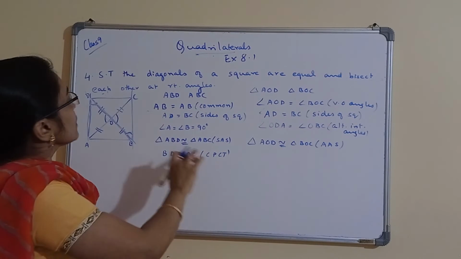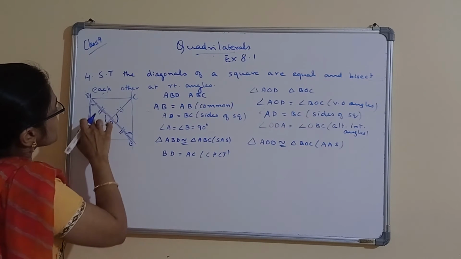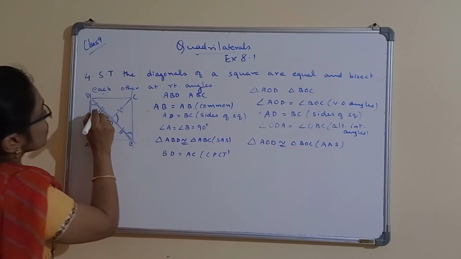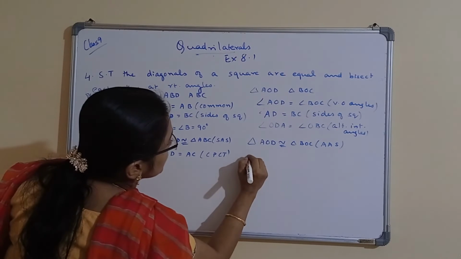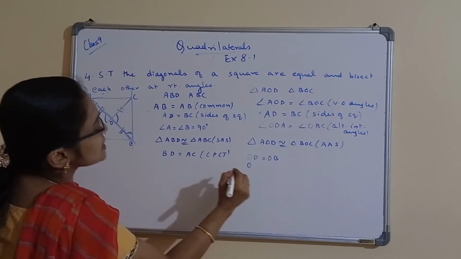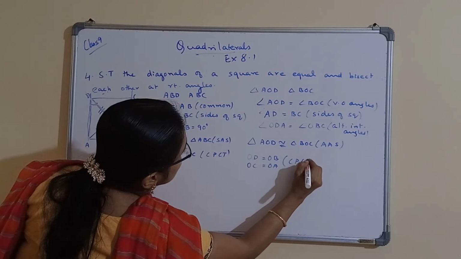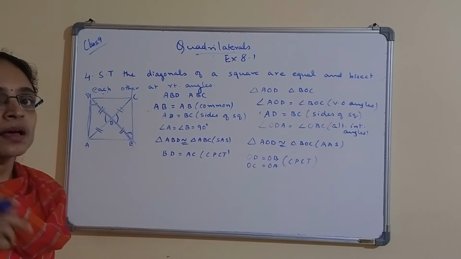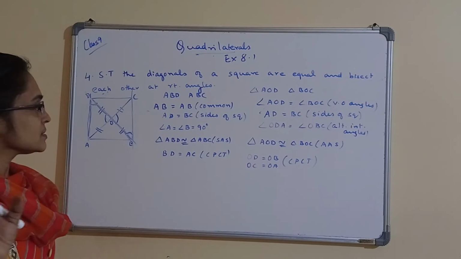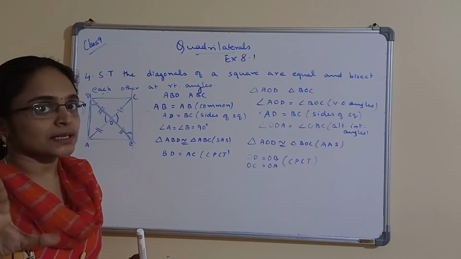From that we can say that OD is equal to OB and OC is equal to OA by CPCT, that is corresponding parts of congruent triangles rule. So we have proved that they bisect each other.